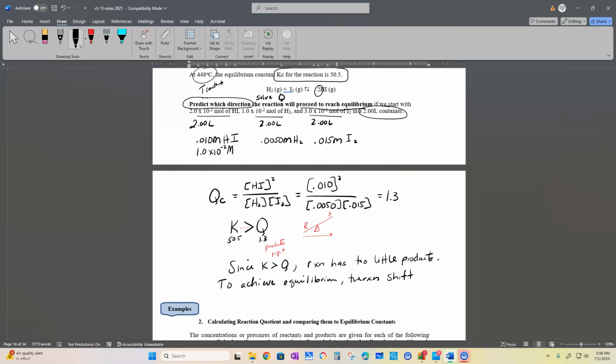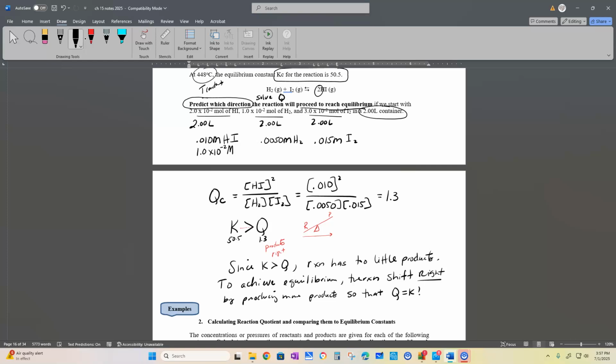Well, I need to shift to the right. So now that's what you have to do, but how do you do it? By producing more products. Could you say it a different way? Yeah, you could say by losing reactants. Either one, just don't do both. It's overkill. And here's the point, so that Q equals K. There's your essay every time.